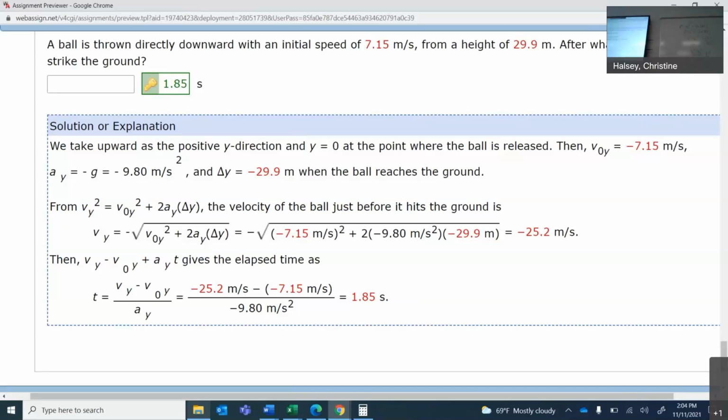Then they take this formula and take the square root on both sides. So here we go again, where one of them is squared and one of them is not. One of them is in the units and one of them is in the number. So if I'm multiplying this out, 7.15, that gets squared.